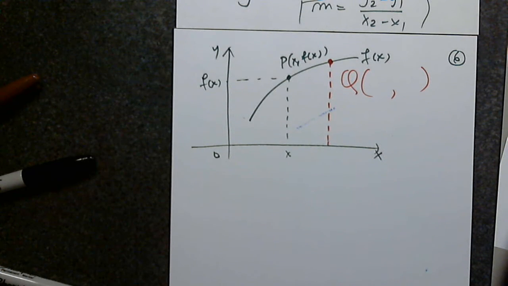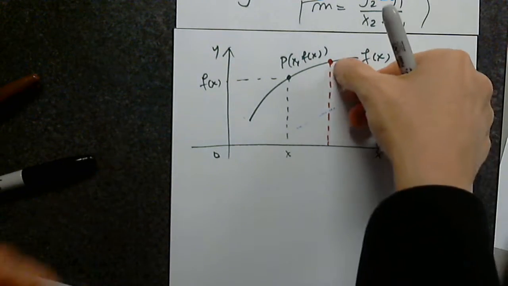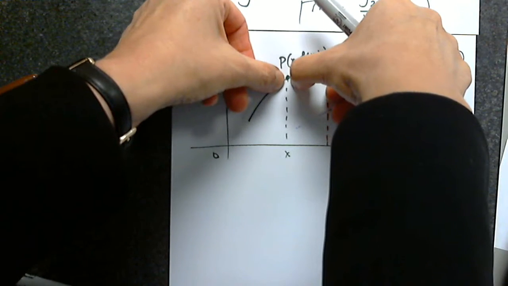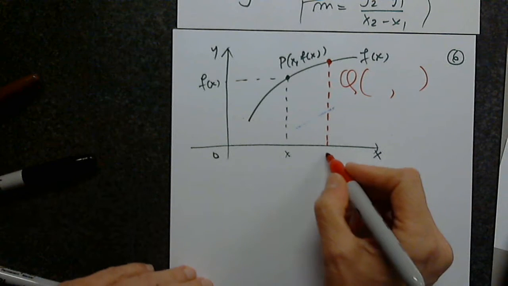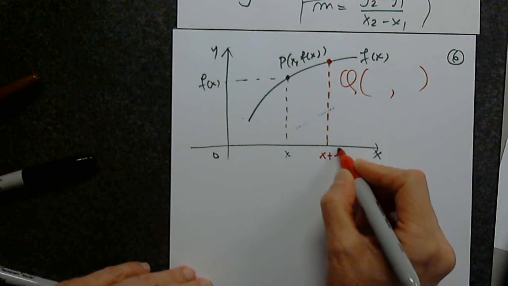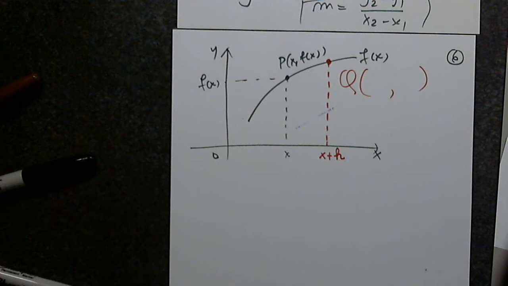Well, imagine that I zoomed in. This point is really right here, but I have to zoom in so I can explain what I'm doing. So this coordinate will be x plus a little bit, and we call the little bit h.